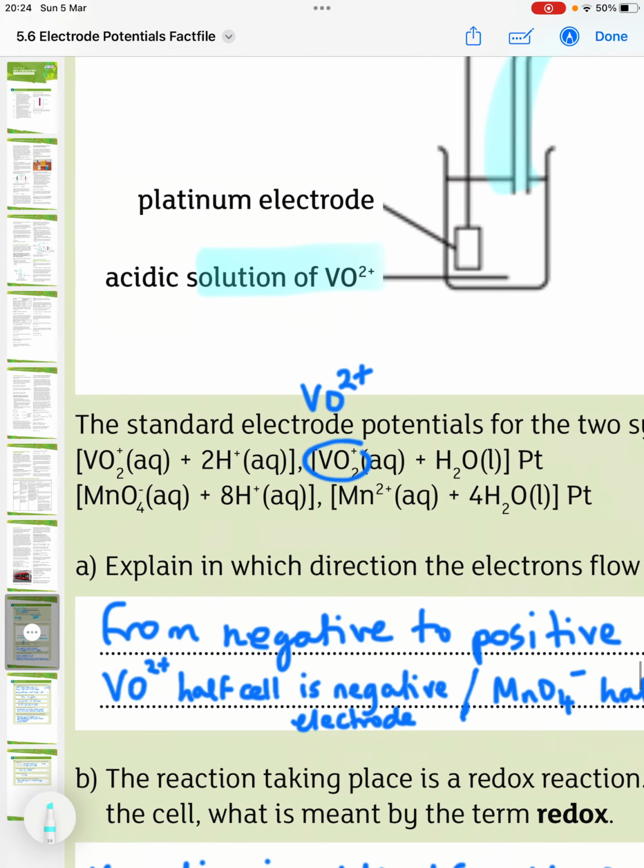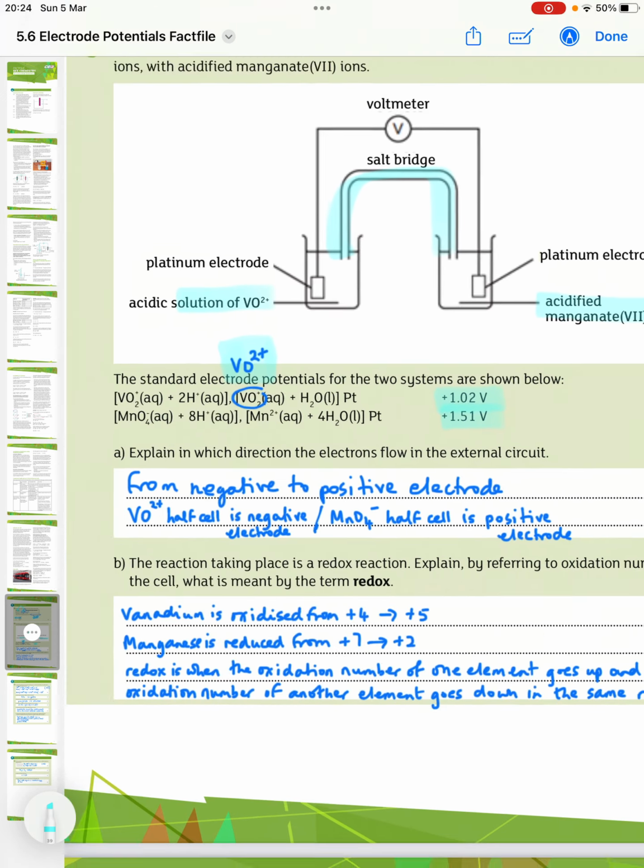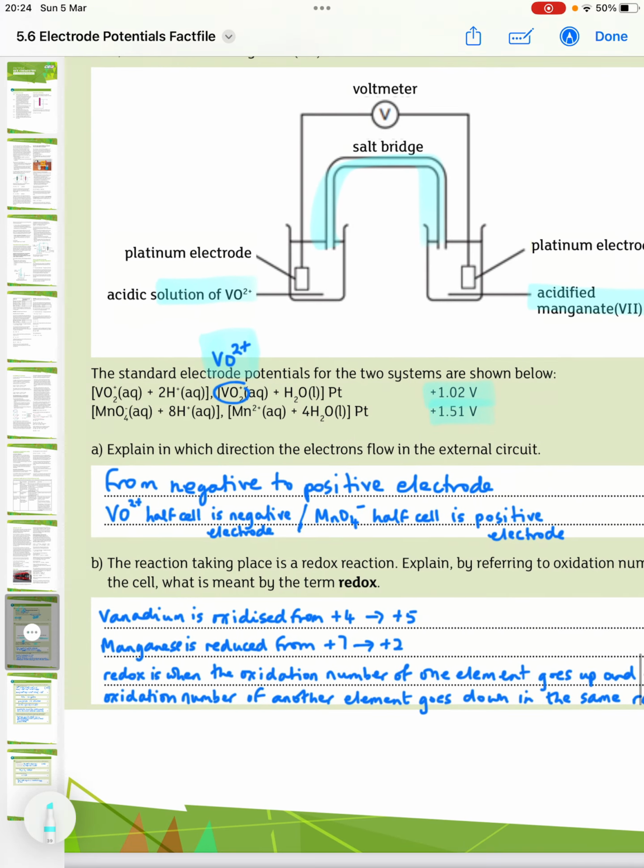I've made a correction here because in the first equation we have the VO2+ and hydrogen ions, and then VO2+ again on the right, but of course that should be the VO2+ there. They're written with the vanadium at the top and the manganese at the bottom, because the vanadium one has a more negative electrode potential.